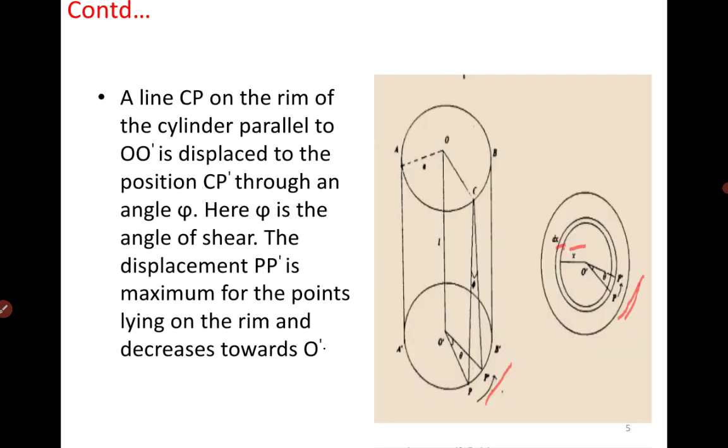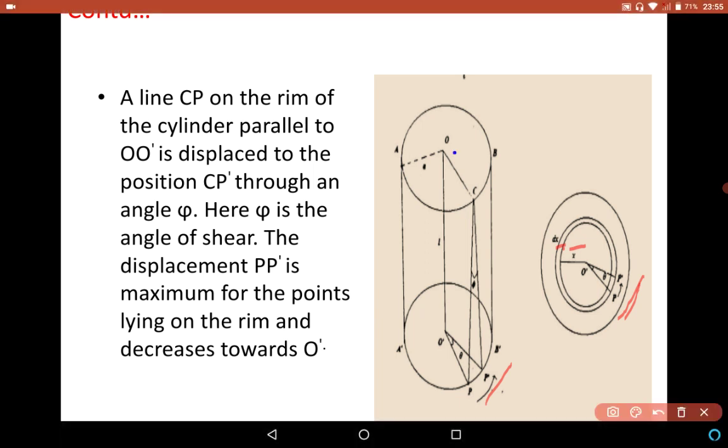The line CP on the rim of the cylinder, parallel to O dash P, is displaced to the position CP dash through an angle phi. Here phi is the angle of shear. The displacement PP dash is maximum for the points lying on the rim and decreases towards O dash.